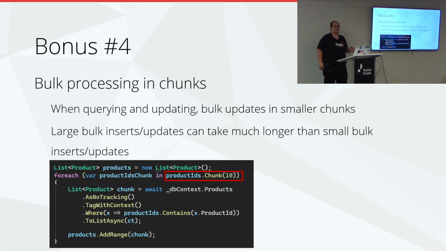Then bulk processing. In .NET 6, we got a LINQ method called Chunk. What that means is it gives you arrays in size of 10 in this particular case. And why you want to do that is if you want to fetch data, like here I want to get all of the products with these IDs. SQL Server can process, I might be mistaken, up to 100 IDs somewhat efficiently.